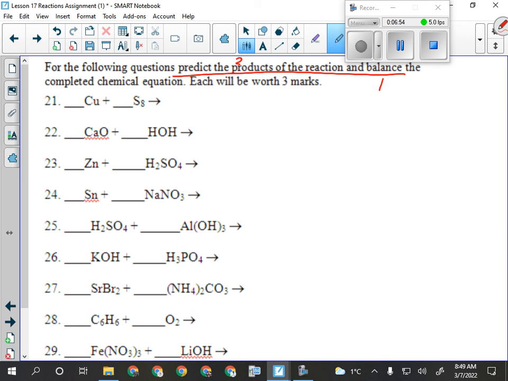That's all you have to do. Don't write it in words, don't do anything like that. I just want compound A plus compound B, and then balance the thing. I don't even need the reaction type. I mean, you need it to do the prediction, but I'm not giving you a mark for writing it down. 2 marks for the product, 1 mark for it being balanced correctly.